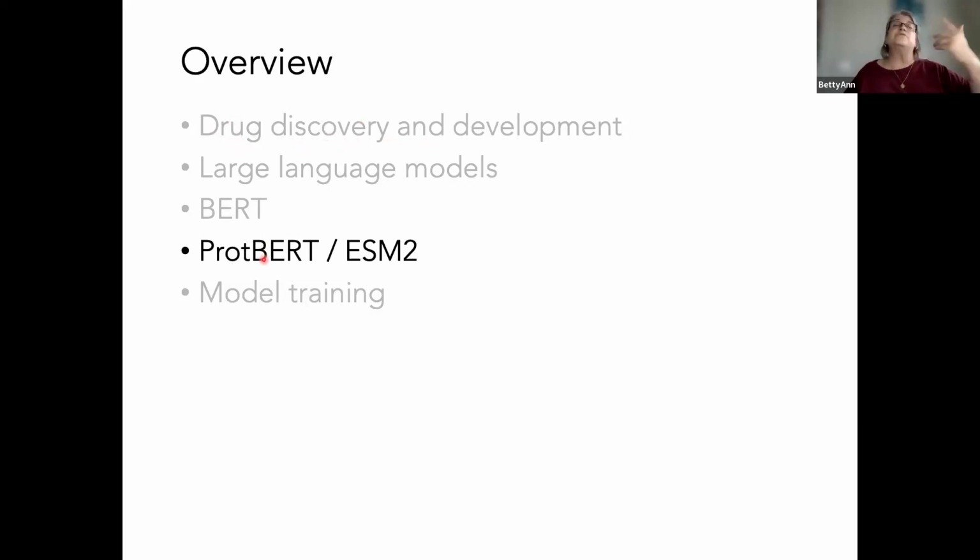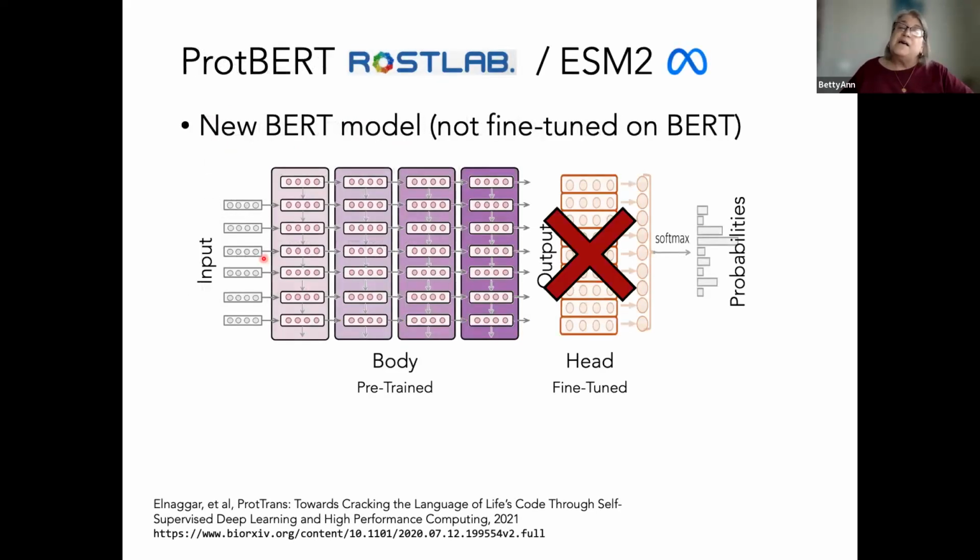So finally, we're circling back around to drugs. There were two models that I played with a lot in my previous position. One was called ProtBERT, which was developed by the Rost Lab, located in Munich, Germany. And another model called ESM2, which was developed by Meta, Facebook. ESM stands for Evolutionary Scale Modeling.